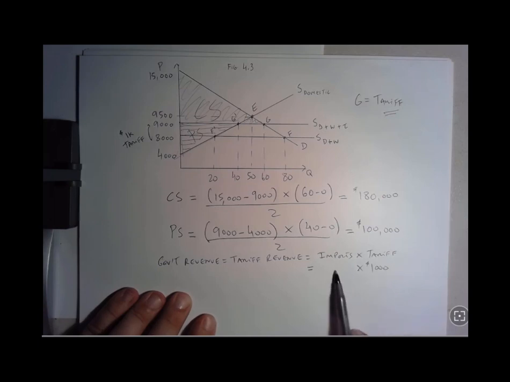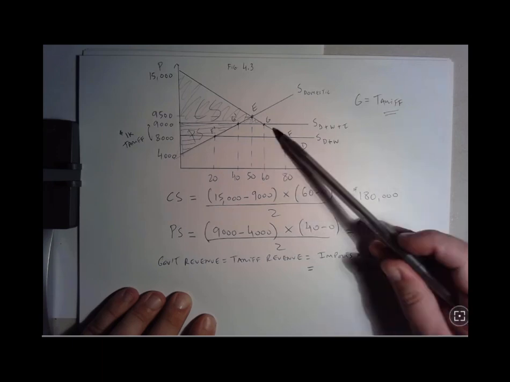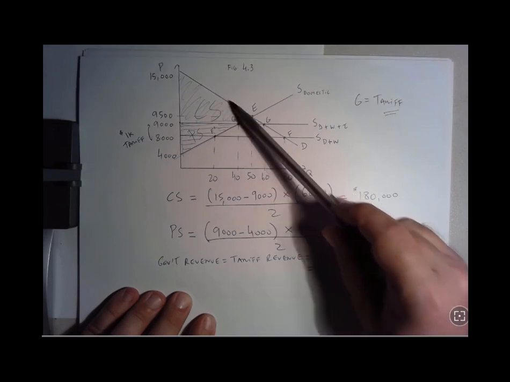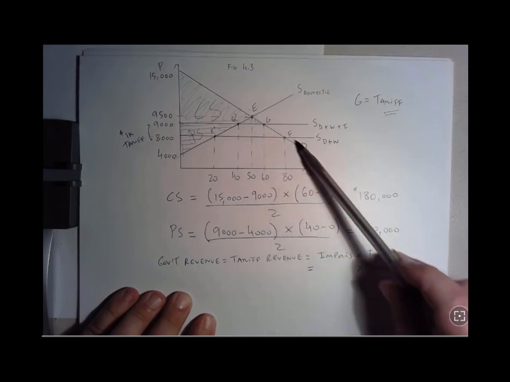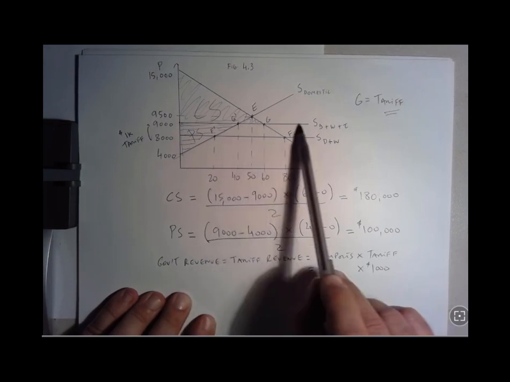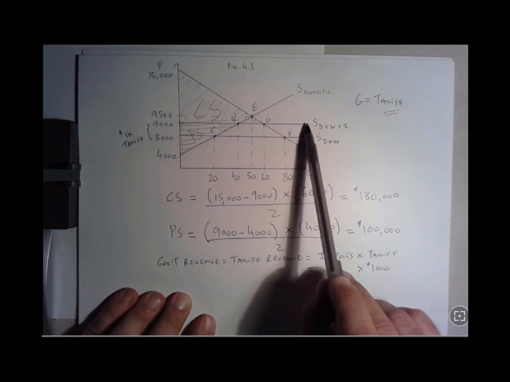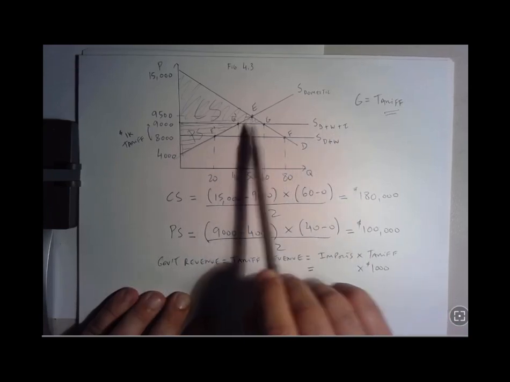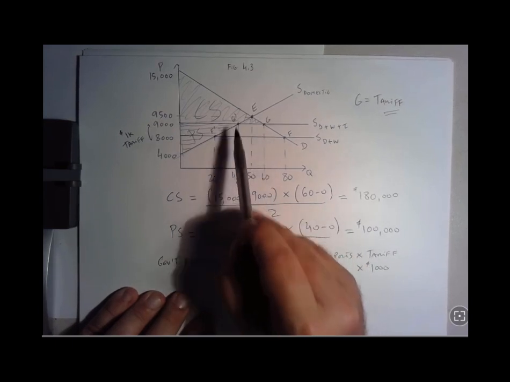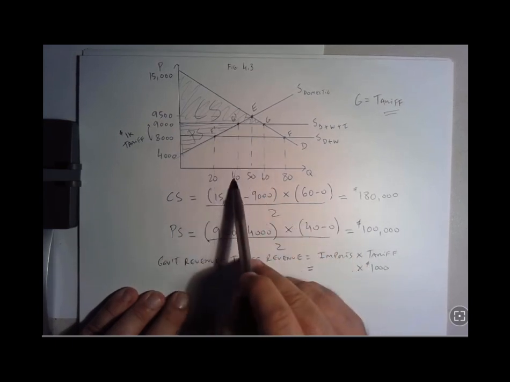So now, how many units are imported? Well, we consume 60 units domestically. That's where the domestic demand curve intersects the curve that takes into account the world supply plus the tariff. So 60 are consumed domestically and 40 are produced domestically.